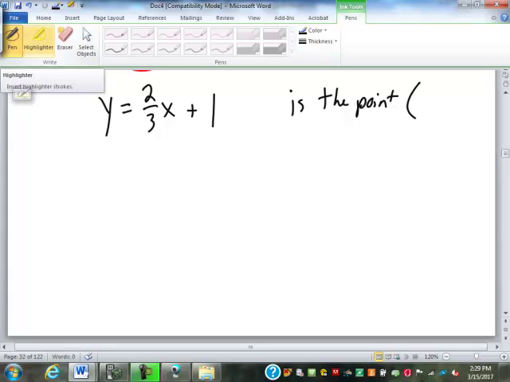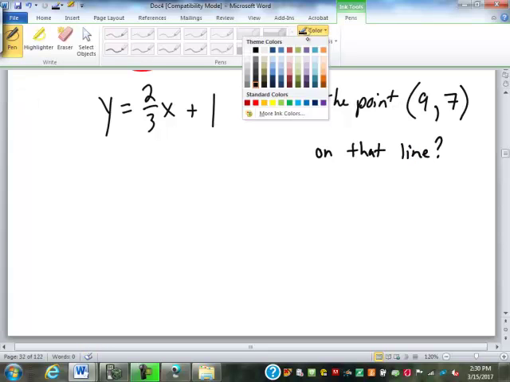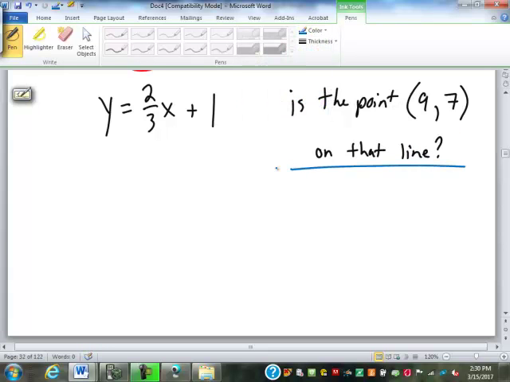So if I give you an equation, y equals 2/3 x plus 1, and I ask, is the point 9, 7 on that line? How would I test to be sure that that point was on the line?